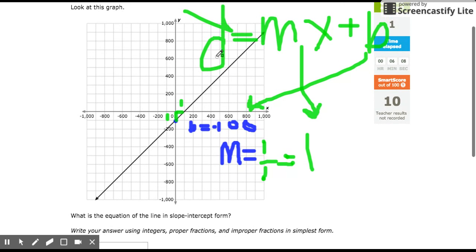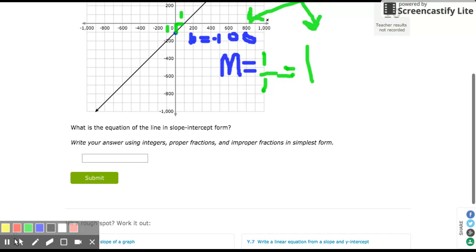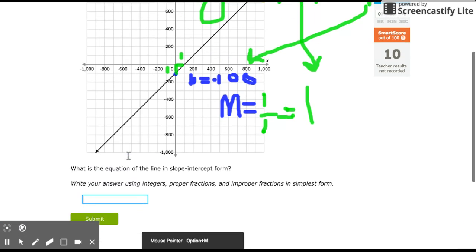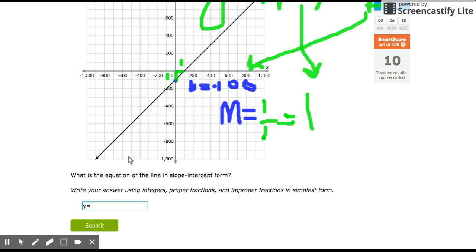Everything stays the same. y equals, m is 1, x plus, well, it's minus 100. So let's go ahead and write it in. y equals, instead of putting m, I'm going to put in a 1, x minus 100, because that was my b right there. Negative 100.